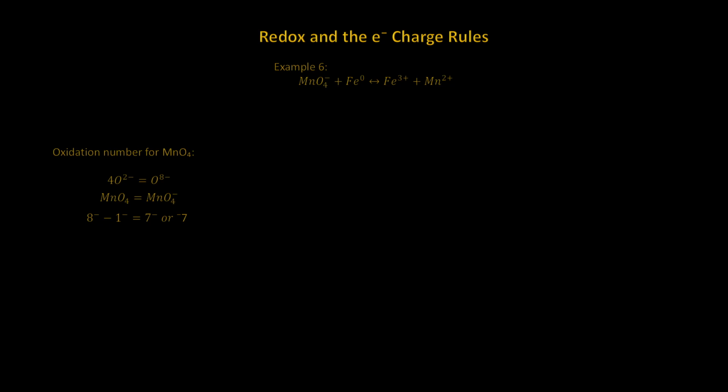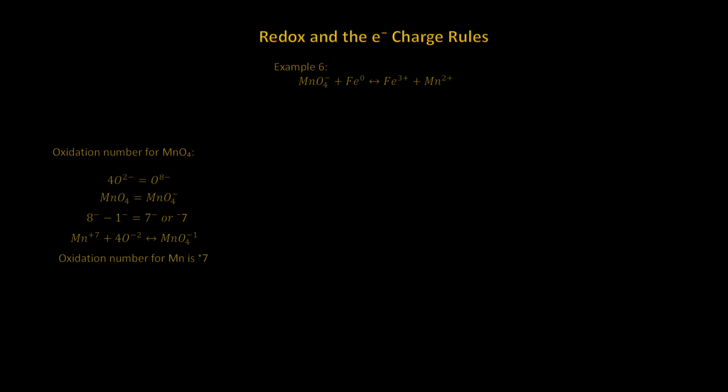Therefore, the oxidation number for the oxygen atoms combined is -7. Now this means that the oxidation number for the manganese ion will be +7. The oxidation numbers are thus equal to 0, therefore balanced. As shown, the +7 plus the -8 equals -1, or MnO4 minus.